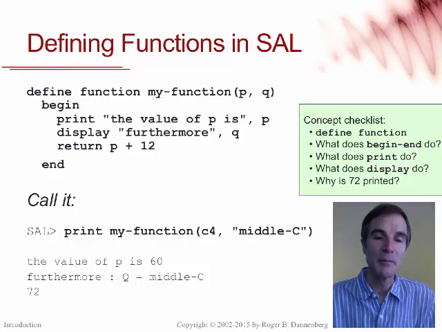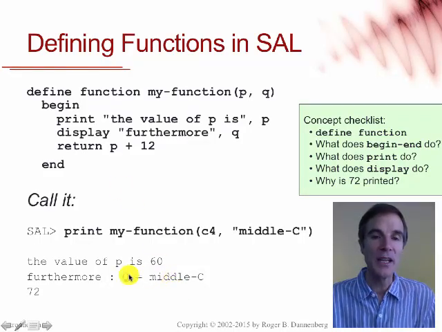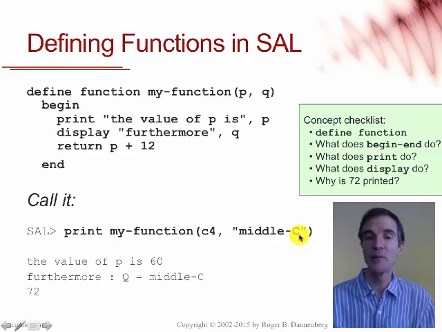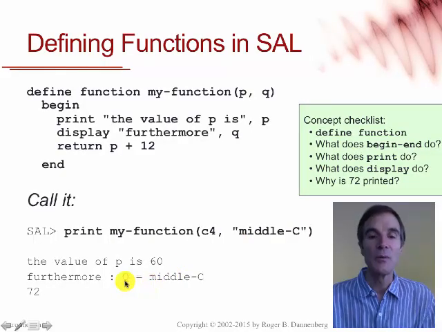It's very convenient. So in this case, what was Q? Q was the second formal parameter. It was bound to the actual parameter, the string middle C, and so we print Q equals middle C.